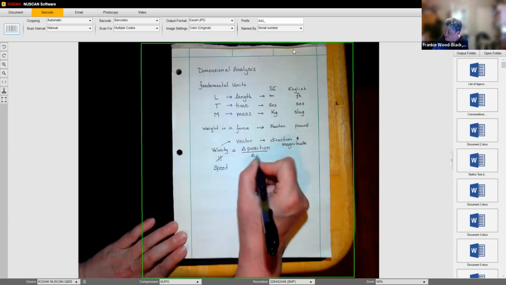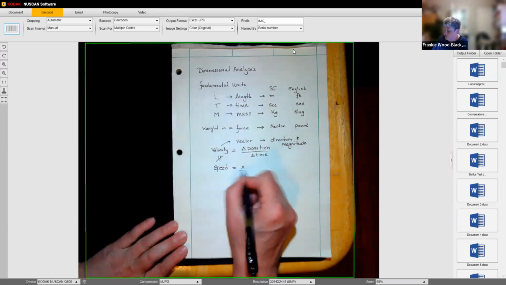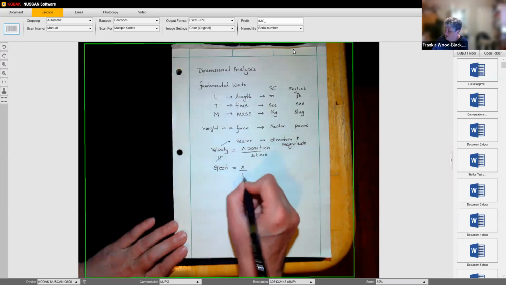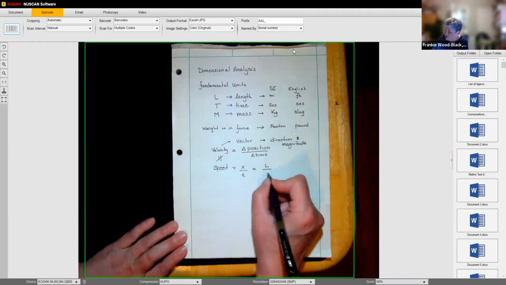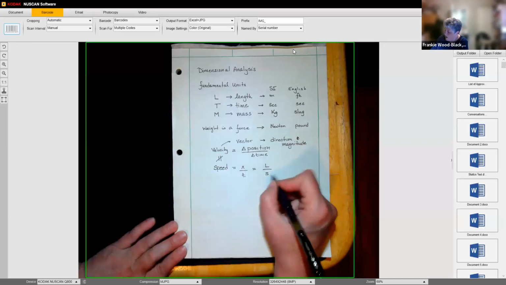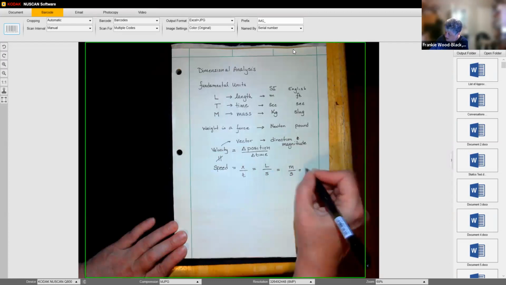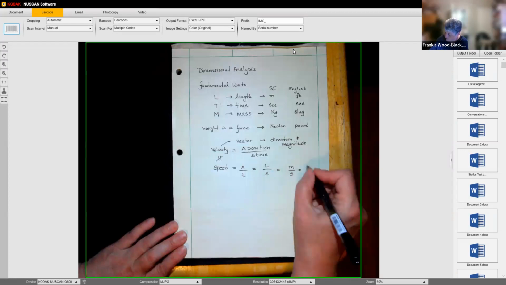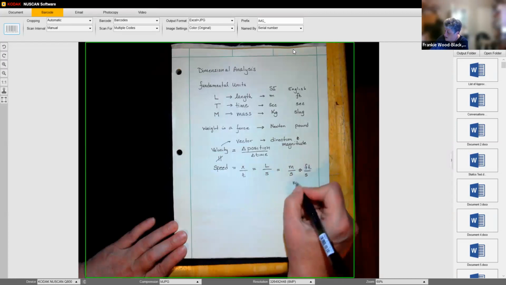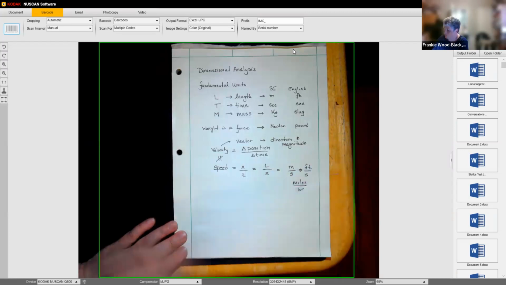Speed is also, we have a position versus time, and this would have units of length versus seconds. Or if we're doing this, this could be in meters per second. This could be in feet per second. It could also be in miles per hour. All right.